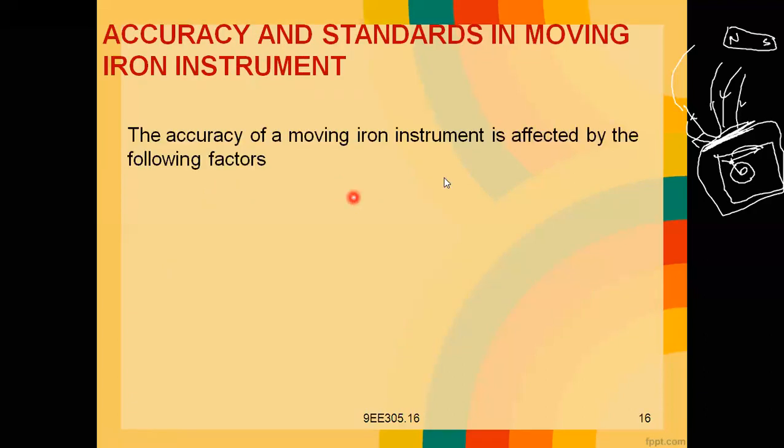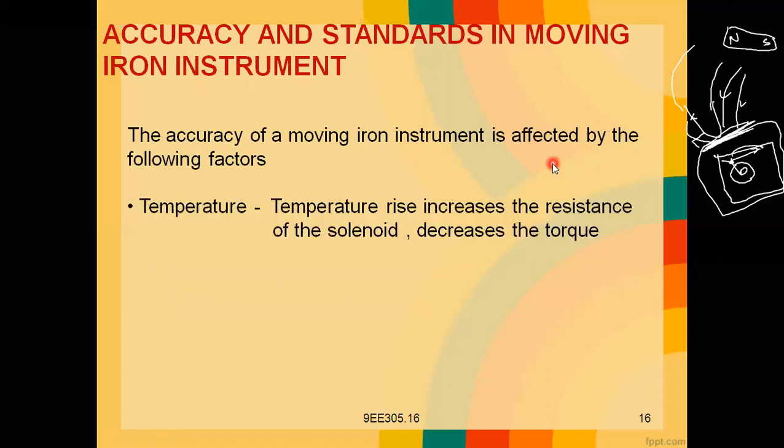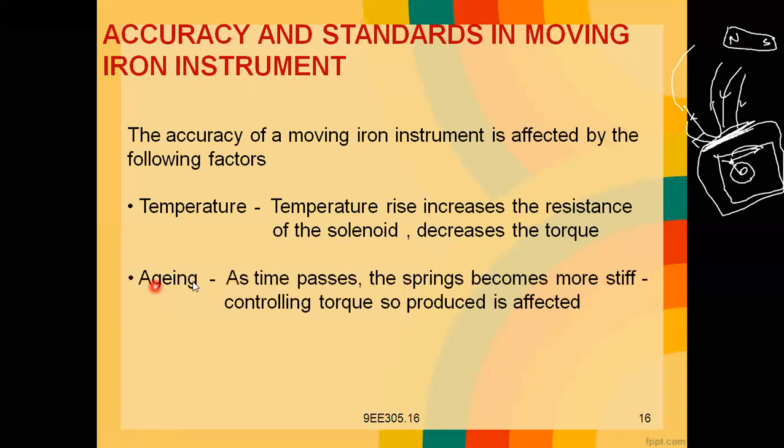Accuracy of moving iron instrument is affected by the following factors. Temperature: temperature rise increases the resistance of solenoid, decreases the torque. Aging: as time passes by, spring becomes more stiff, control torque produced will be affected.